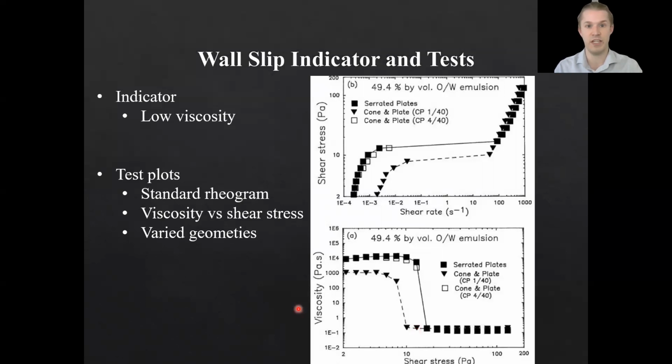And finally, a great tool that we have is we can, as done in Pal's work, use varied geometries and setups to test for different results. We can see here that one of our cone and plate geometries is showing significantly different results than our other geometries. This indicates that wall slip is happening in one or multiple of our tests for this sample.